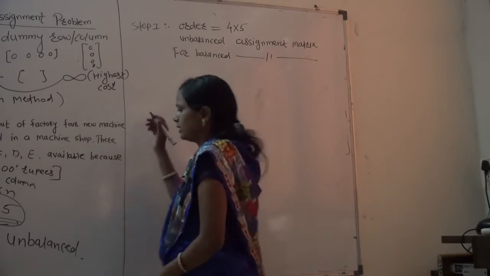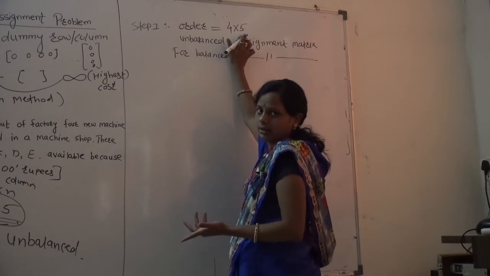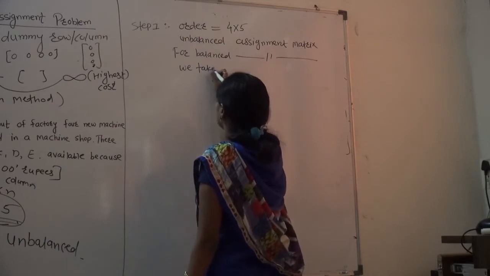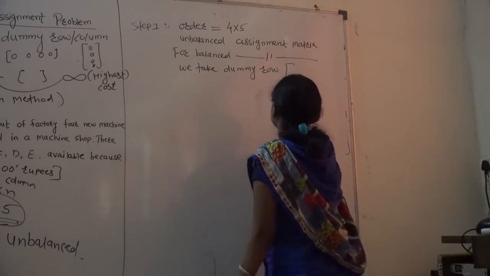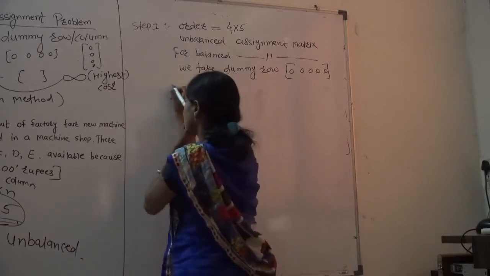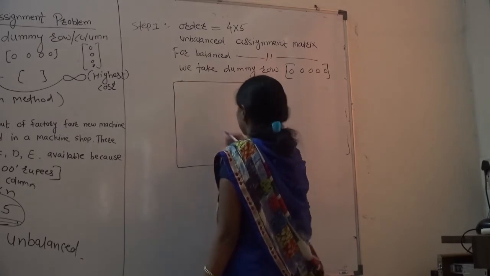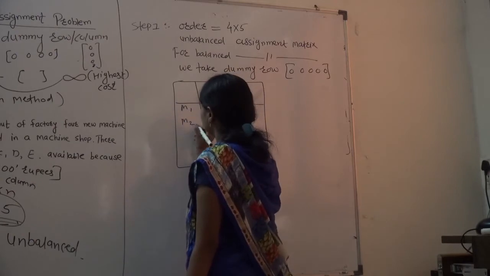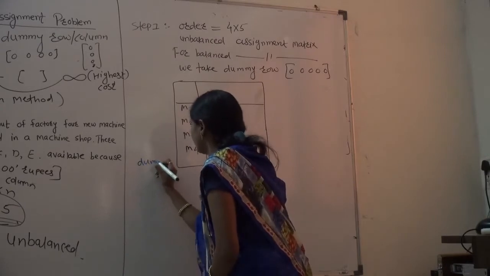So now in this matrix there are 4 rows and 5 columns. So what is less? Rows are less. So we take a dummy row with entries 0. So we get a reduced matrix. The machines are M1, M2, M3, M4, and this dummy row is M5.